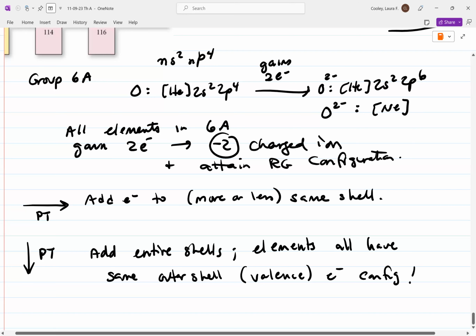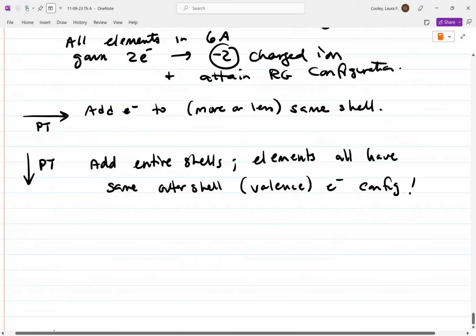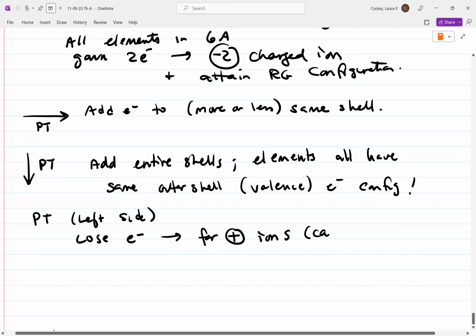You also notice that on the left side of the periodic table, these elements lose electrons. They form positively charged ions, cations, and end up with a rare gas configuration.